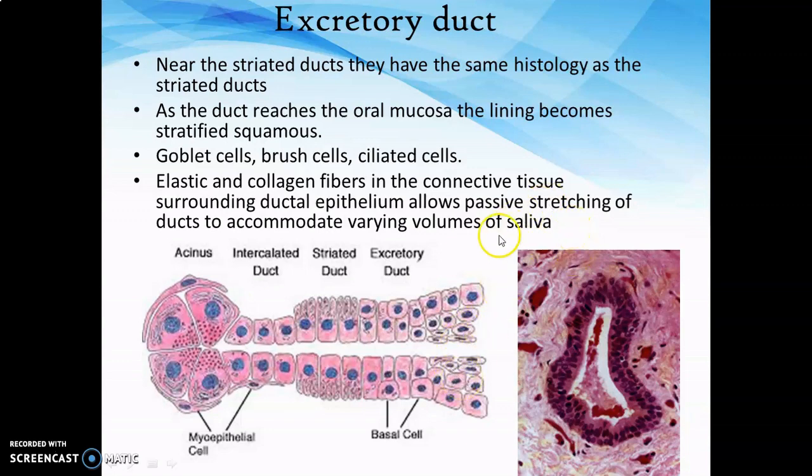Other than the ductal epithelium, there are goblet cells, brush cells, and ciliated cells also occasionally in the excretory duct. And the connective tissue surrounding the excretory duct might show abundance of elastic and collagen fibers, which allows passive stretching of ducts to accommodate varying volumes of saliva. In this cross section of duct, you can see the diagram shows multi-layered or stratified squamous epithelial lining of the duct.